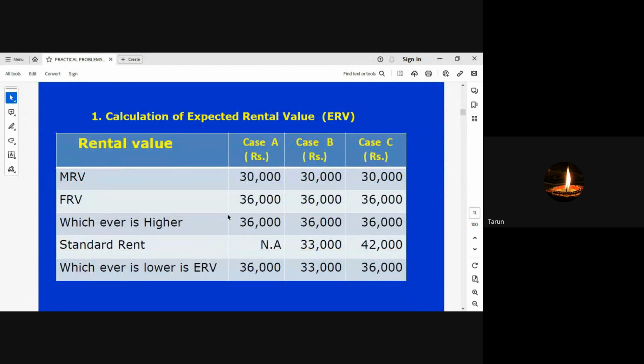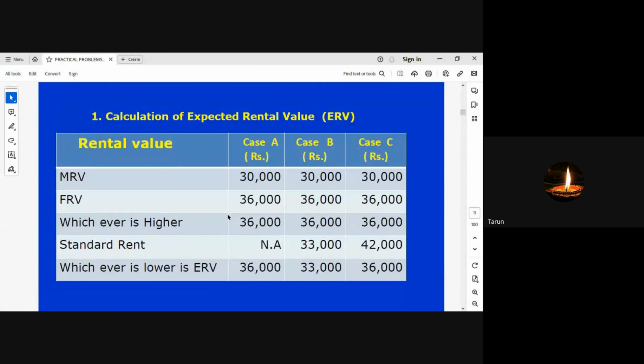What is the rule? You need to find which is the higher value among these two items. The higher is the fair rental value, that is 36,000, right? Standard rent is not given.